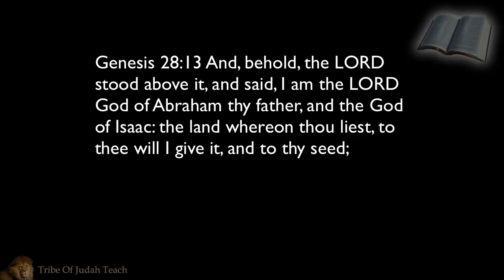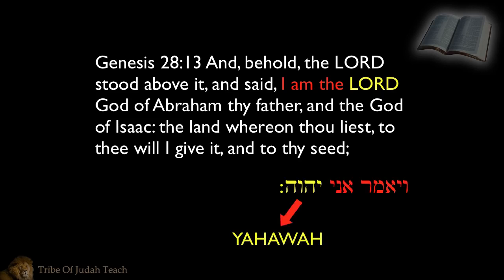Verse 13. "And behold, the Lord stood above it and said," watch this, "I am the Lord God of Abraham thy father." The Most High said, "I am Yahweh, the God of Abraham thy father." It says, "And the God of Isaac. The land whereon thou liest, to thee will I give it, and to thy seed."